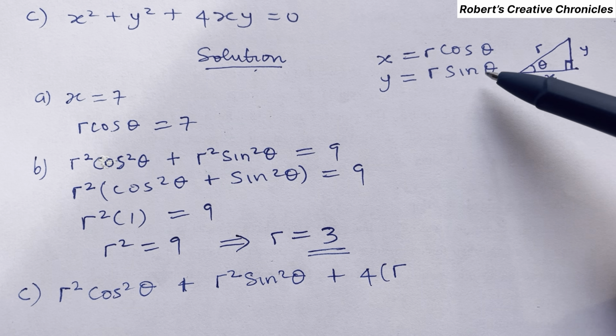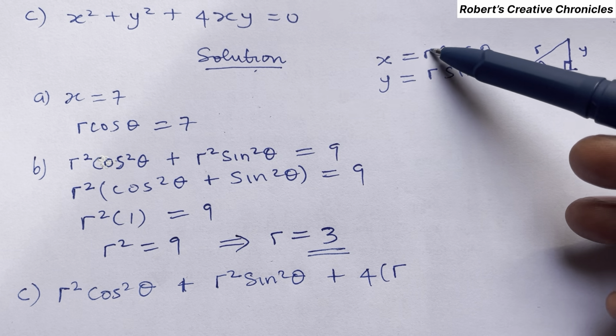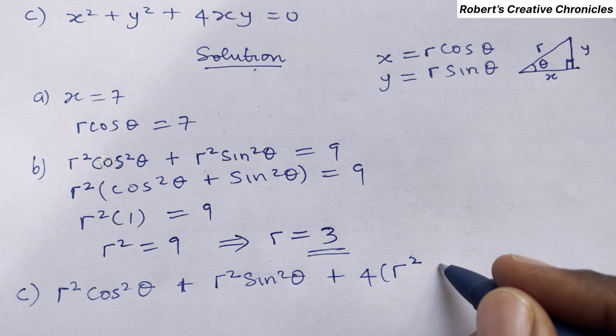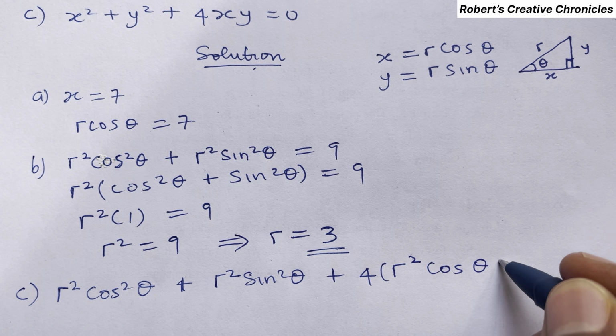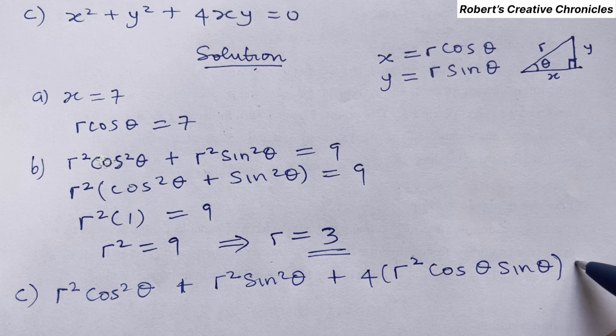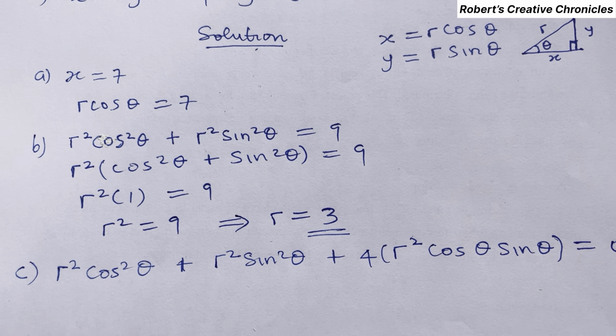So 4xy, that means these two multiplying each other. This r times this r is what? Is r square. Then cos and sine, it will be cos theta sin theta, which is equal to 0.